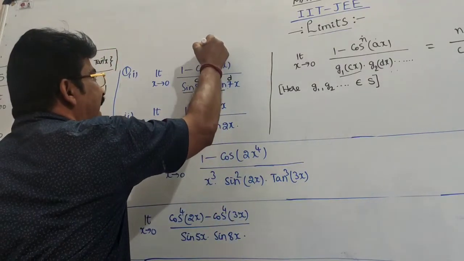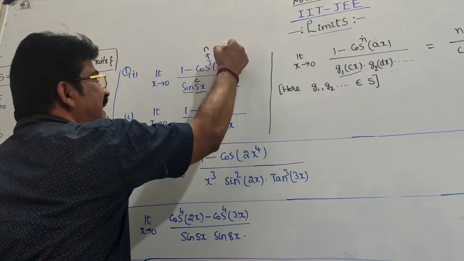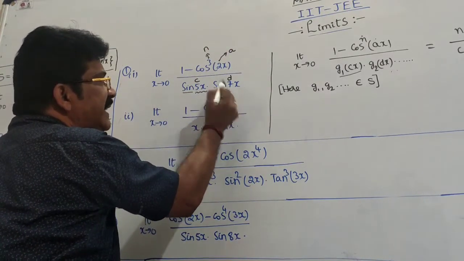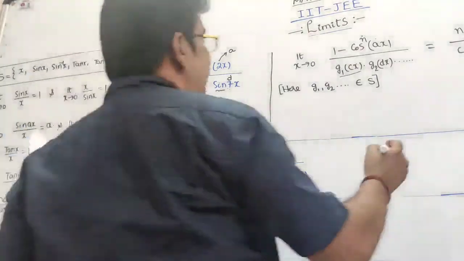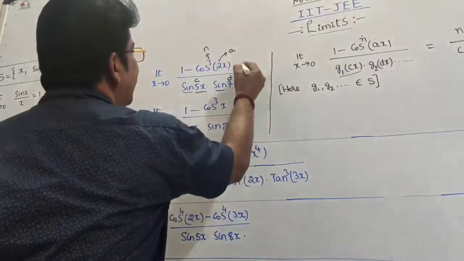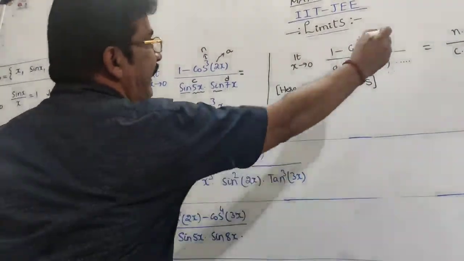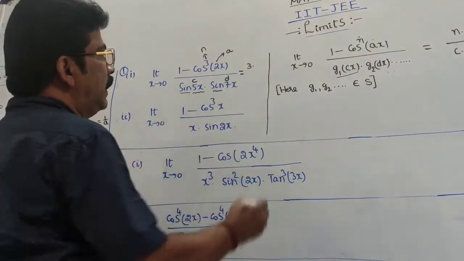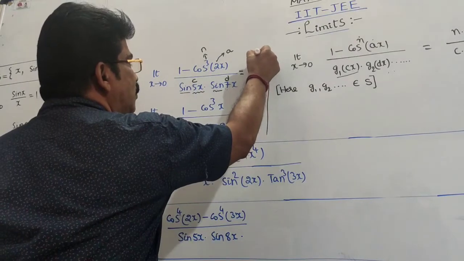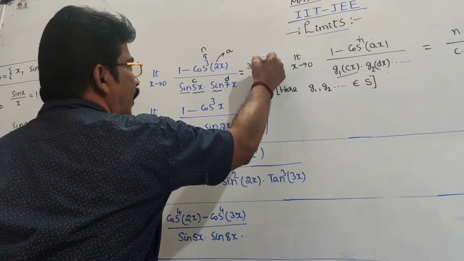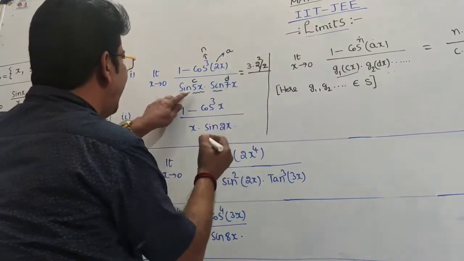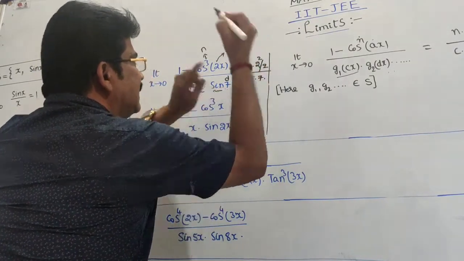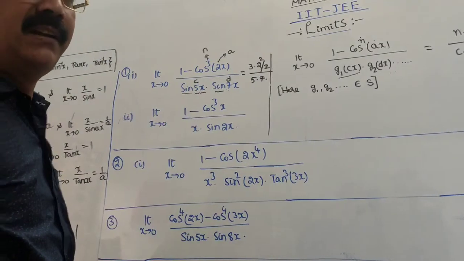This is n, this is a, this is c, this is d. So the shortcut is n, that is 3 into 2 square by 2, whole divided by just 5 into 7. That's all. You can calculate.